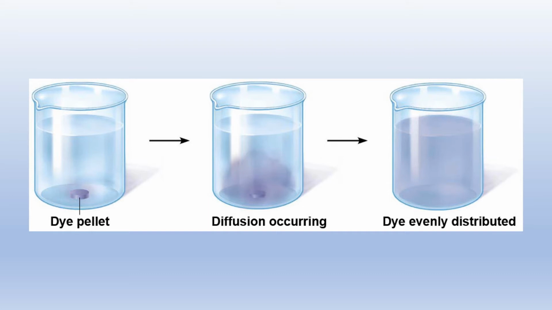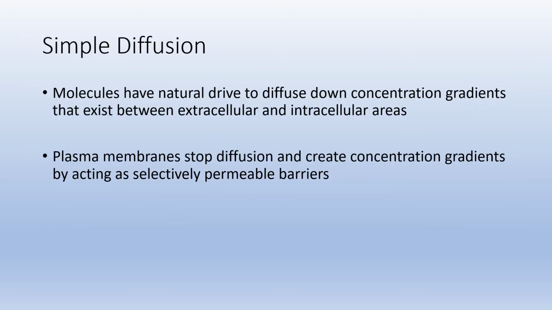The example seen on this slide might remind you of simple diffusion, which occurs without energy. Molecules or substances will naturally diffuse down their concentration gradients from an area of high concentration to an area of low concentration. And we will see certain substances like sodium and potassium pass through that plasma membrane down their concentration gradients, not requiring energy.